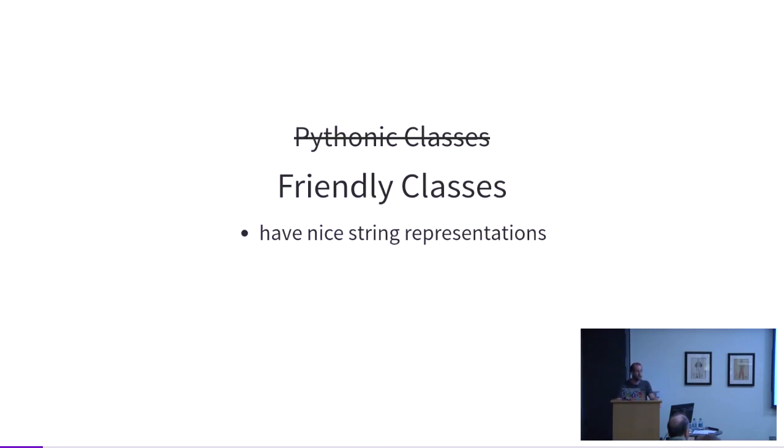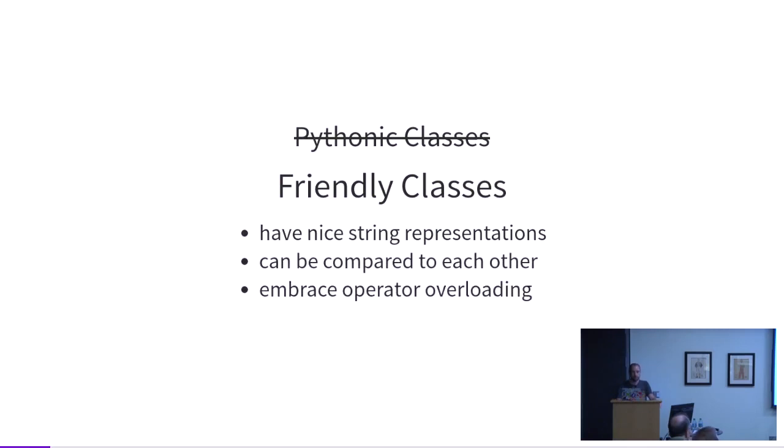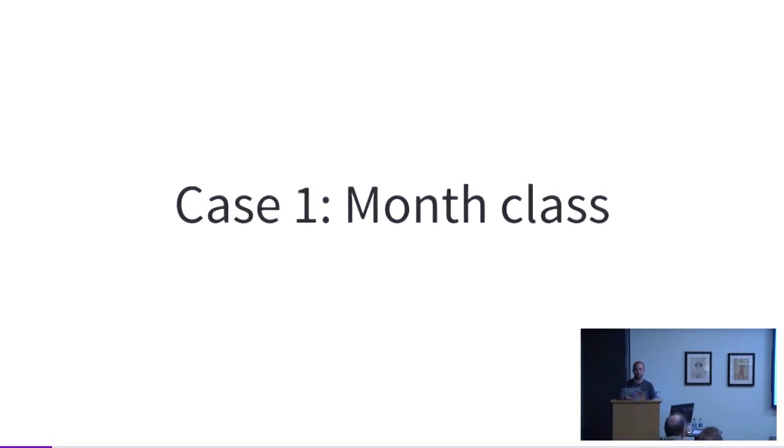Friendly classes have a nice string representation. They can be compared to each other, to other instances of that class, in ways that make sense. And whenever it does make sense, they overload operators to make themselves addable, iterable, hashable, or other types of operations that might make sense on those classes in Python.